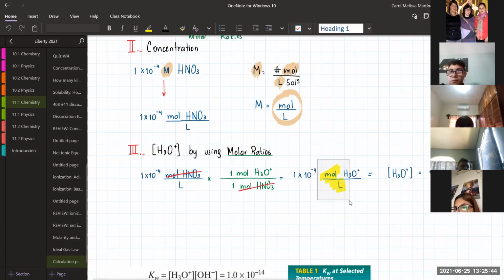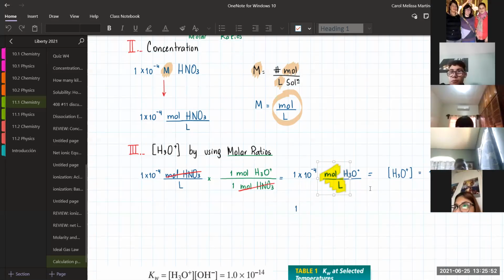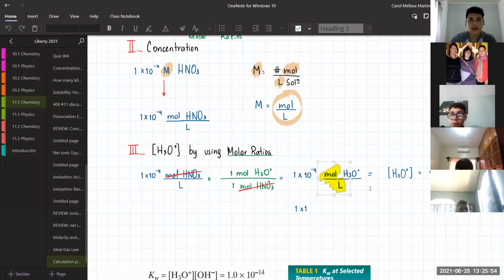So here what we could do is replace the moles per liter by the letter M that represents concentration. You can write it like that too, okay? But the best way to do it is like this.